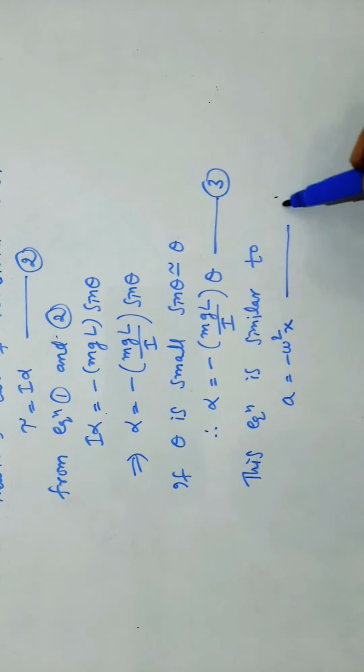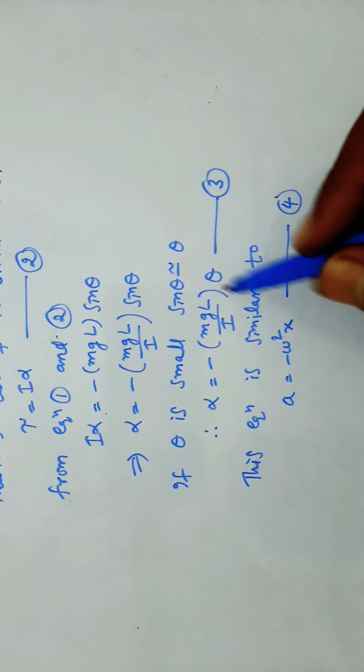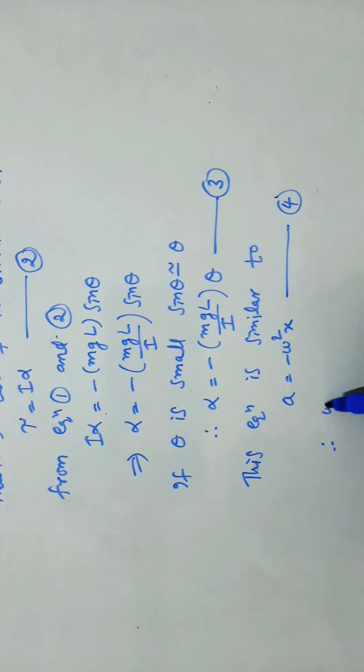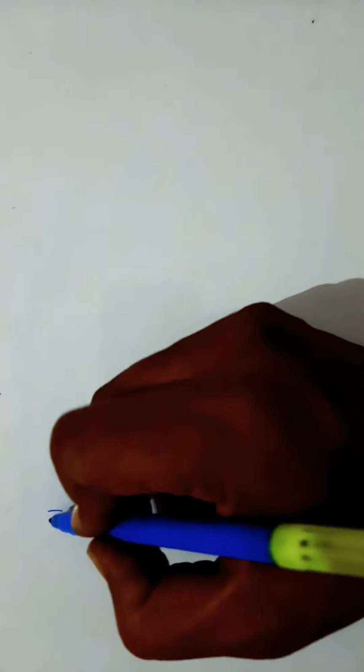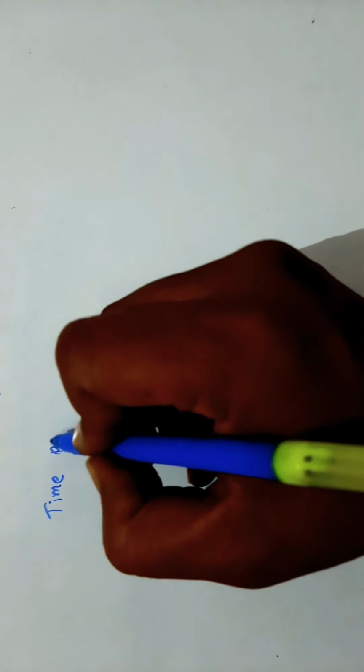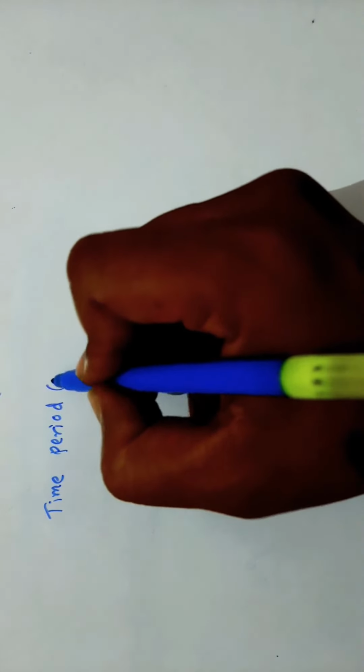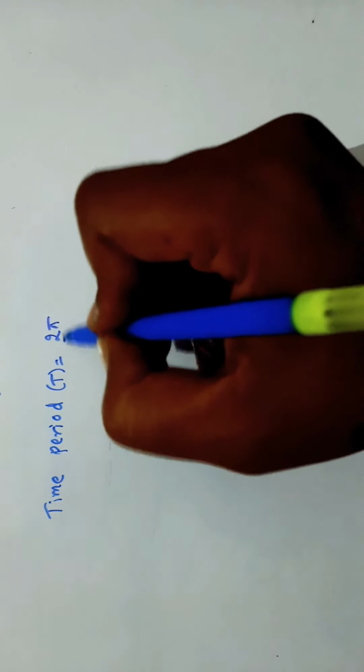So if we compare these two equations, we can write omega square is equal to mgl by I. So from this, omega is equal to under root of mgl by I. Time period T is equal to 2 pi by omega.